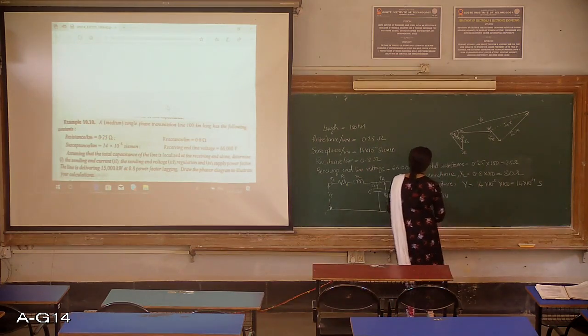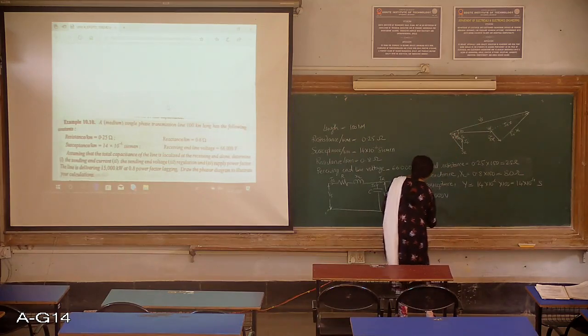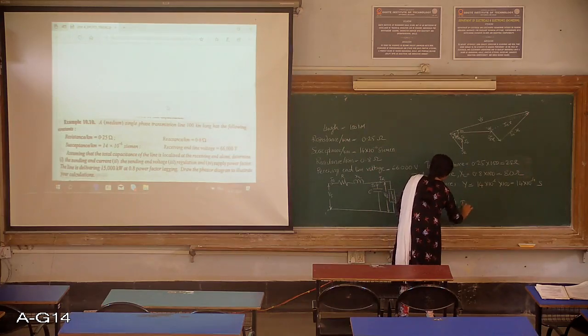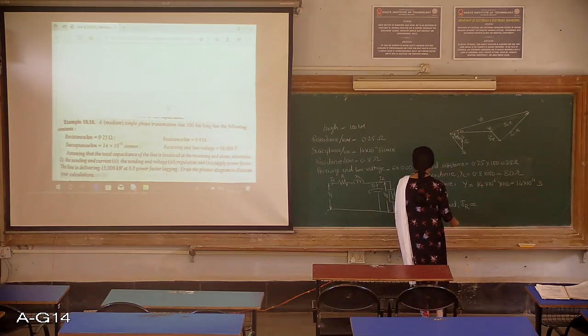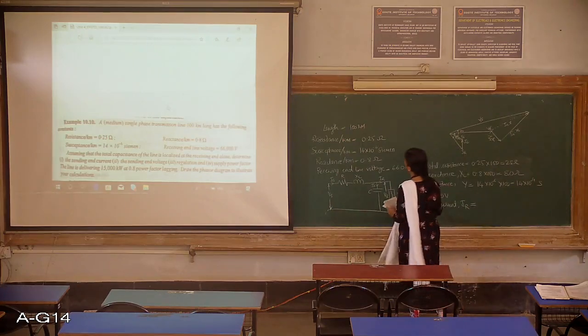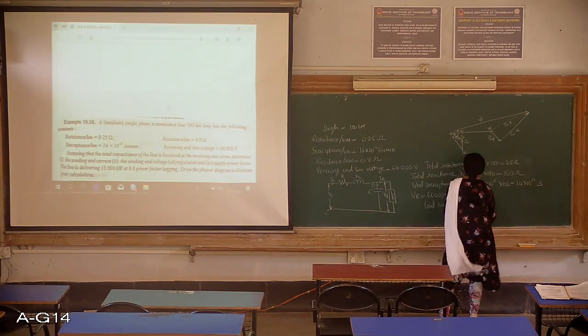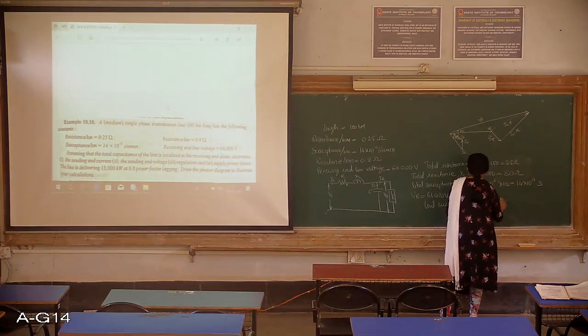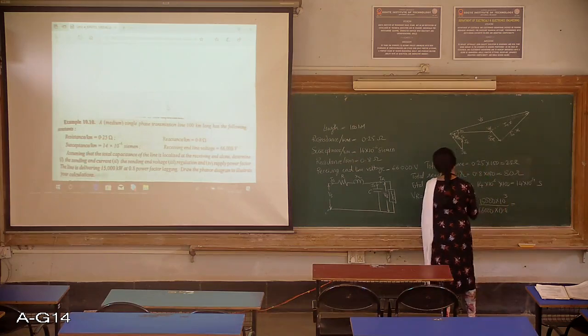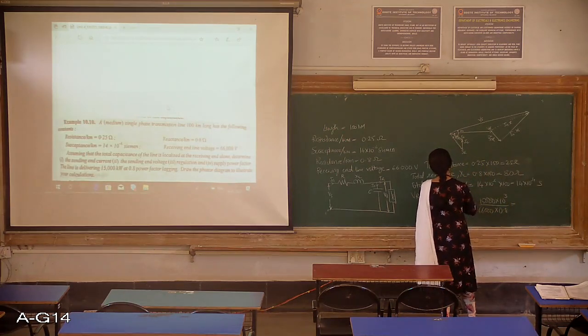Next I have to find the load current IR. That is equal to, what is the power they have given? It is delivering 15,000 kilowatts. For kilo I am multiplying 10 raised to 3, then the voltage is 66,000 volts, and the power factor they have given as 0.8, 0.8 power factor lagging.